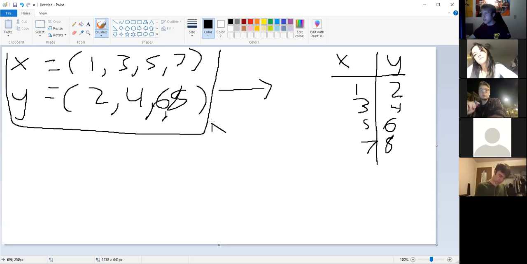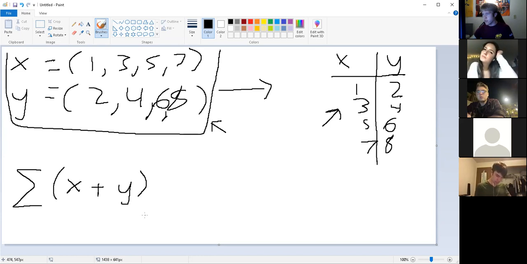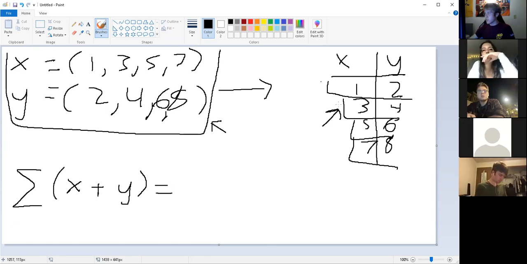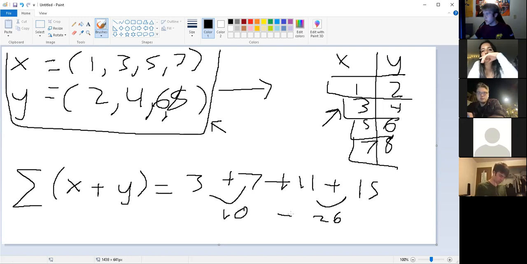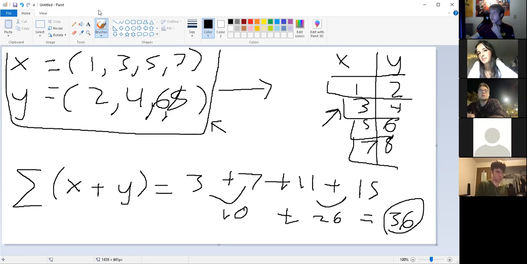So if you have the summation of x plus y, it would be the sums of each pair, so 3 plus 7 plus 11 plus 15, which would be 36. Are there any questions about summation? Is that kind of straightforward too?